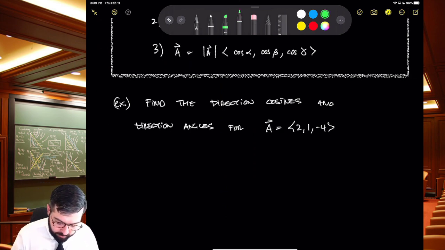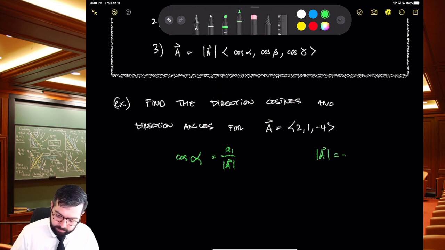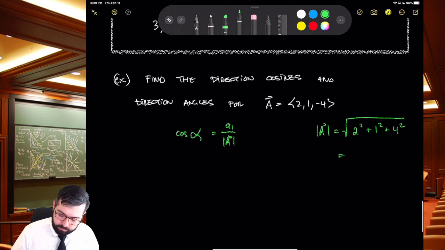So we know that cosine of alpha, the angle it forms with the x-axis, is going to be given by what? The x component over the magnitude of A. Well, what's the magnitude of A here? Two squared plus 1 squared plus 4 squared, 21. So this is 2 over radical 21.